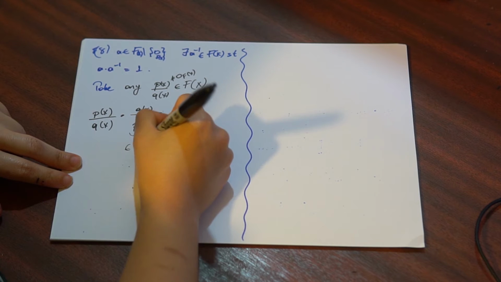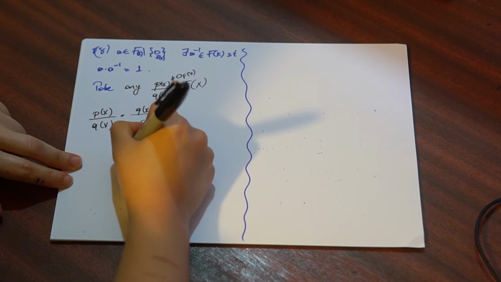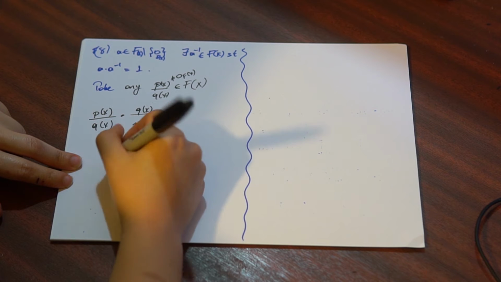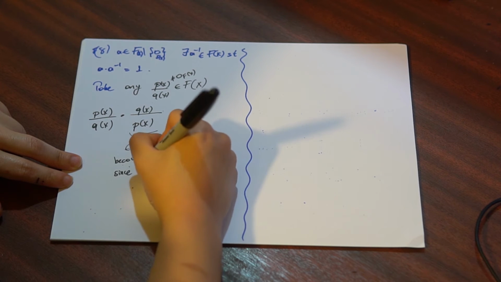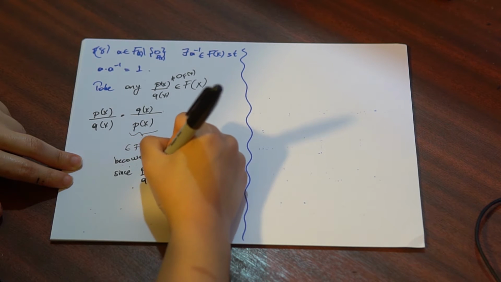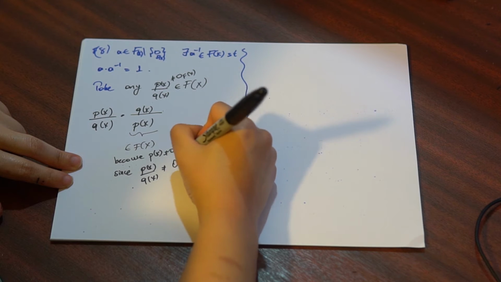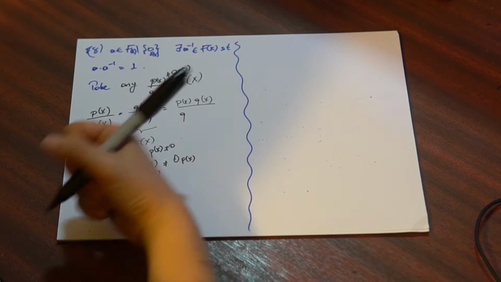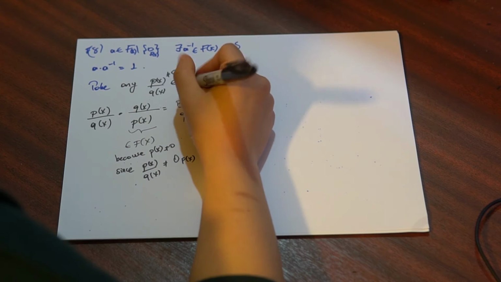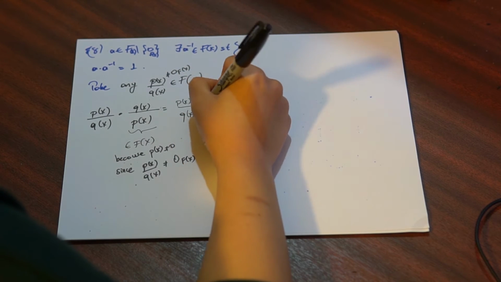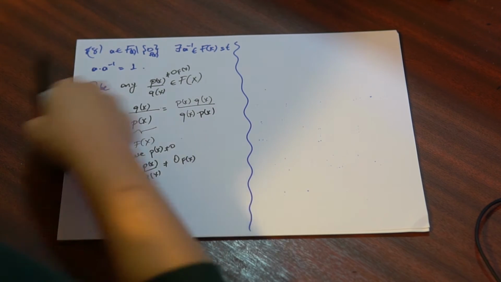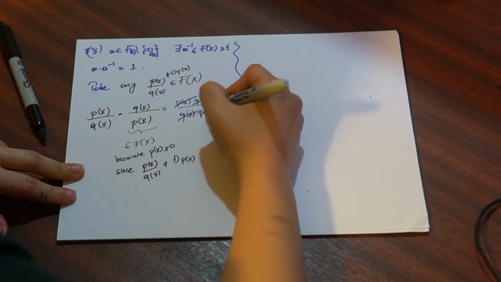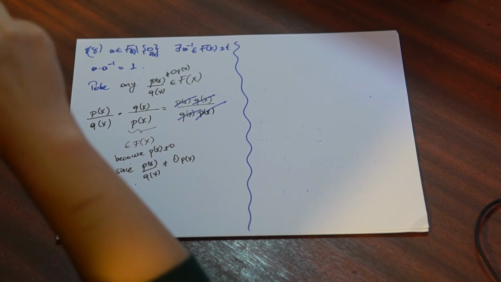This is inside the set of rational functions because p(x) is not equal to 0, since p(x) over q(x) is not equal to 0 of F(x). So this is equal to p(x) times q(x) over q(x) times p(x). So q(x) and q(x) are cancelled and p(x) and p(x) are cancelled.